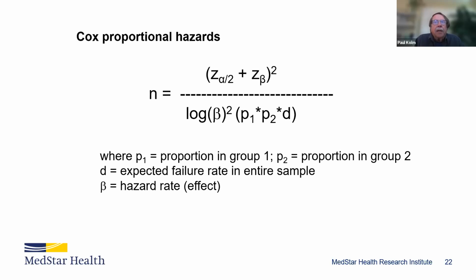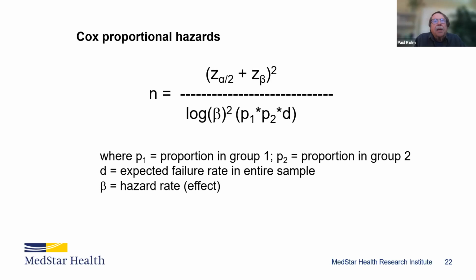The denominator then is a little bit different, where P1 and P2 are the proportion in group 1 and proportion in group 2, and D is the expected failure rate in the entire sample, or how many are going to, say, die in our study or experience hospital readmission, or whatever the failure rate is. And then B is the hazard rate.